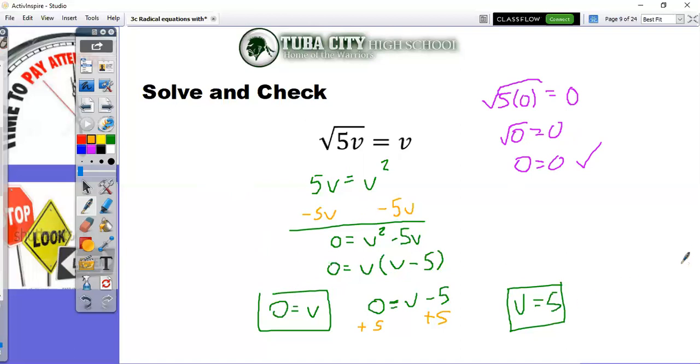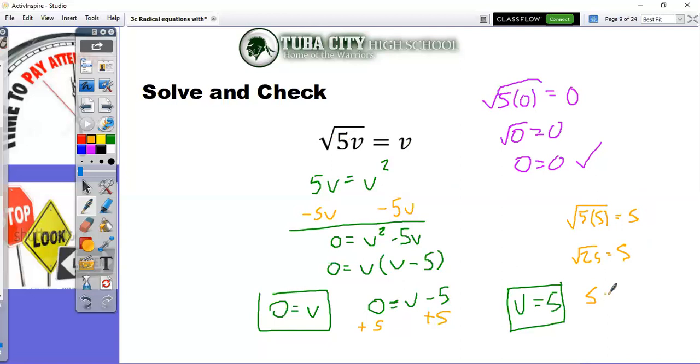And let's try 5 now. So v is 5 times 5, and this v is also 5. So now I end up with 5 times 5, which is 25. So the square root of 25 equals 5.